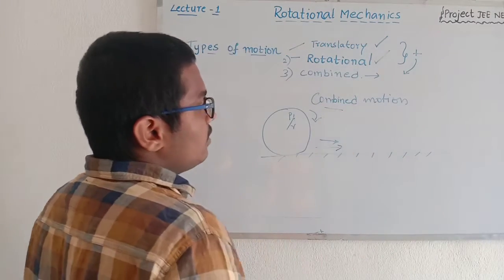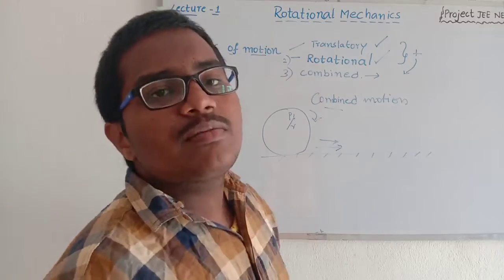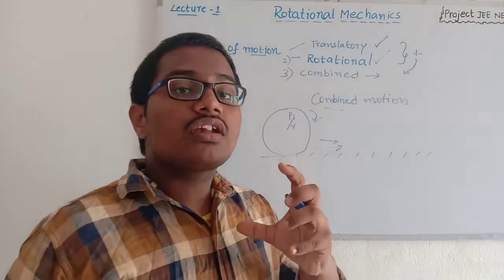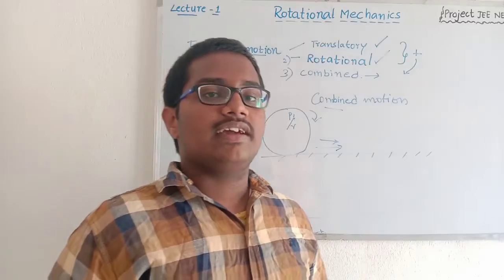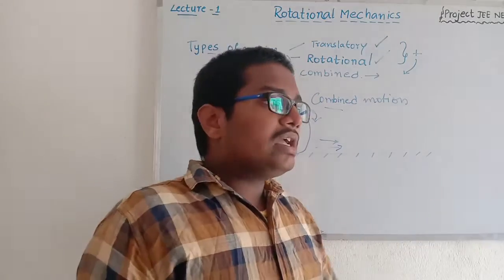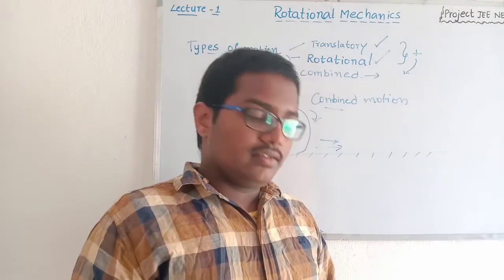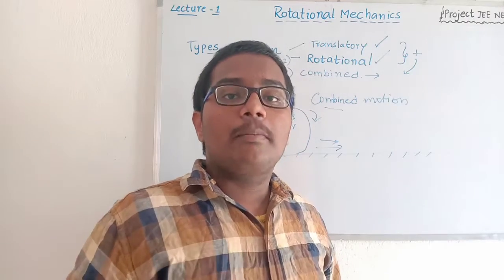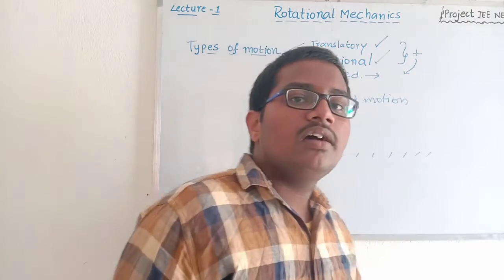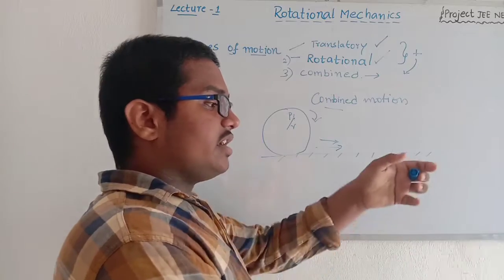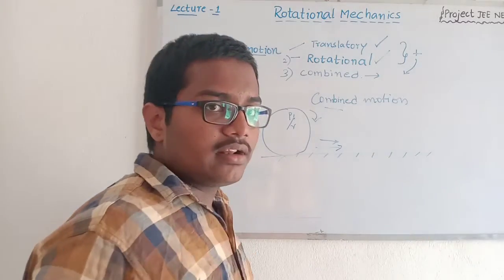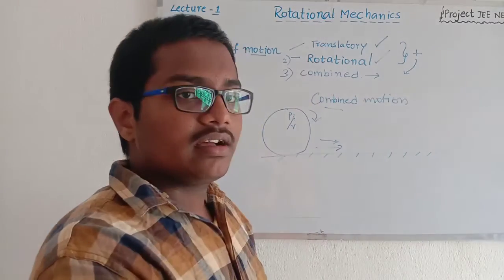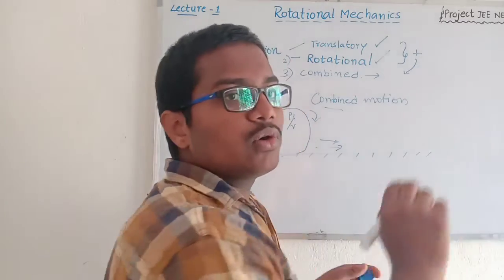The best example of this combined motion is your bicycle tire or your motorcycle tire. If you are going on the road, then your tire performs the combined motion, because assume your tire is rotating about the center of the tire and it is moving along the direction of the road.